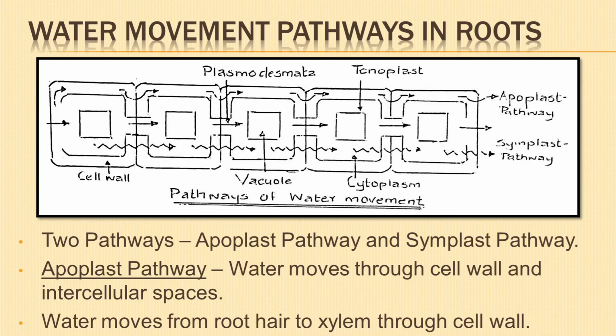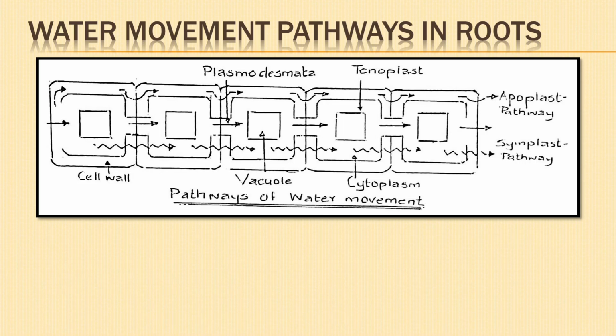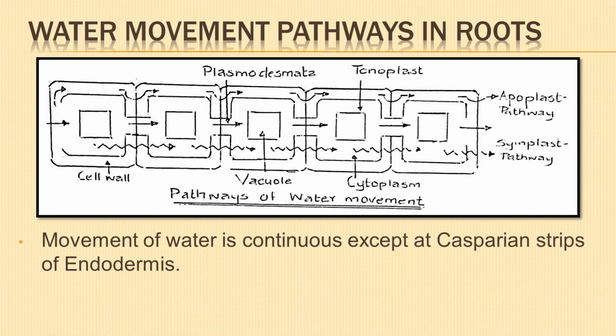Water is transported from root hair to xylem through the cell wall of intervening cells. The movement of water is continuous except at the Casparian strips of the endodermis, which are impervious to water in the roots.